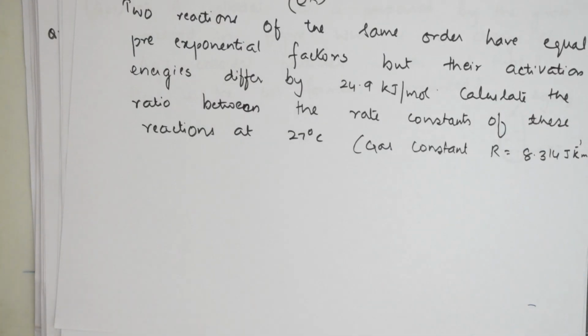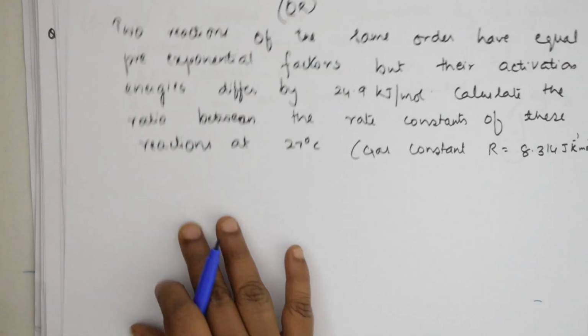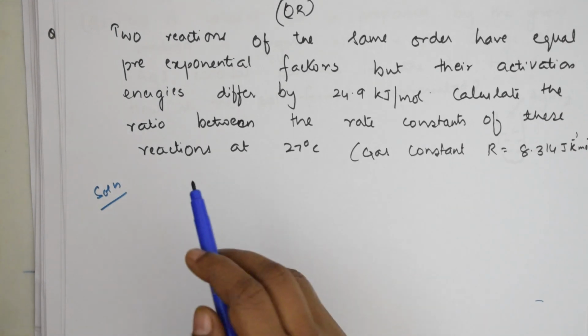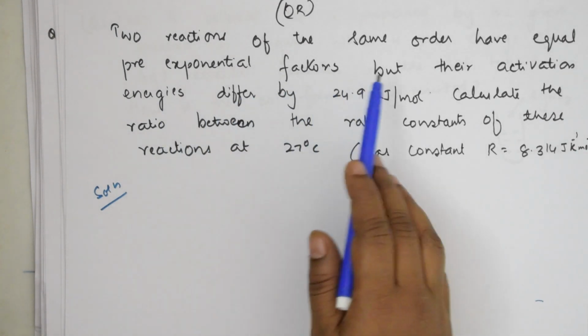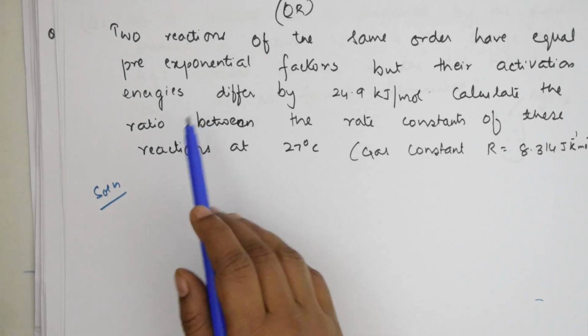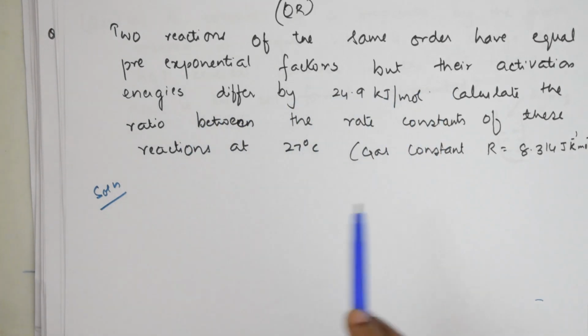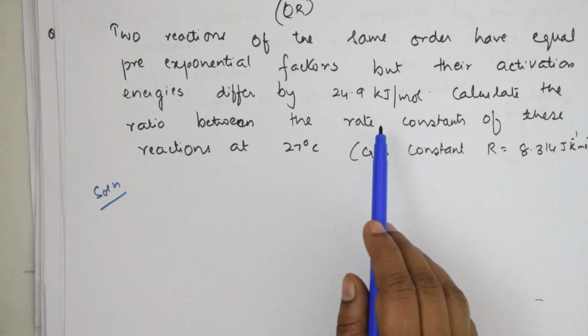Now they have given one more OR question to me. So let's read that. This basically means they'll be giving you a choice between two questions only. Remember, one theory, one question, they will not give you. Right. Let's read this. After the chemical kinetics numerical, they said two reactions of the same order have equal pre-exponential factors, but their activation energy differ by 24.9 kilojoules per mole.